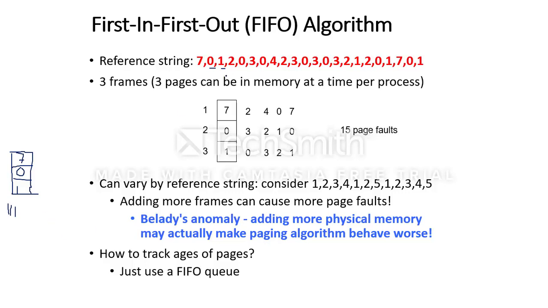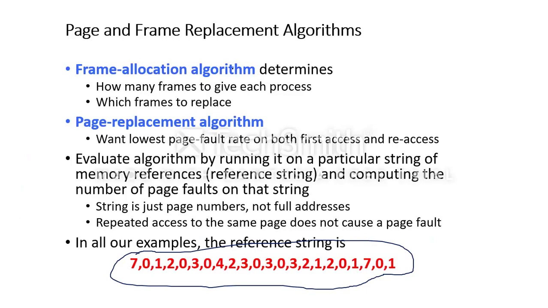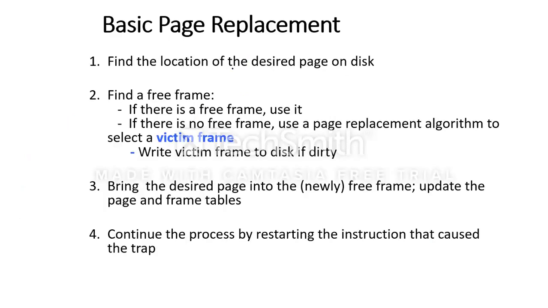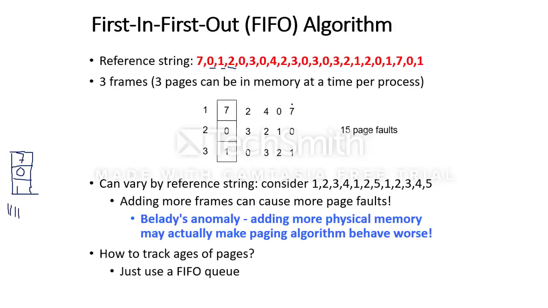Now we continue. We now want to load 2. It's also going to give us a page fault because 2 is not there. But for us to execute this, we also need to know who is going to be the victim frame. You remember we said you need to select the victim frame here. How do you select the victim frame?